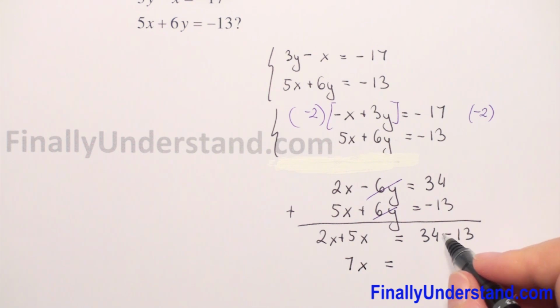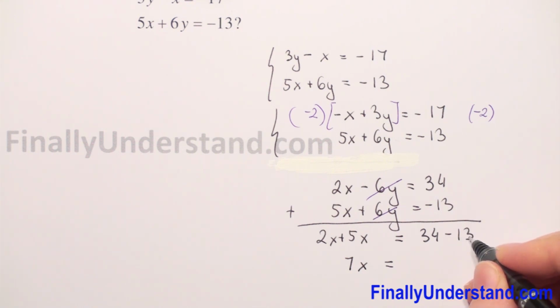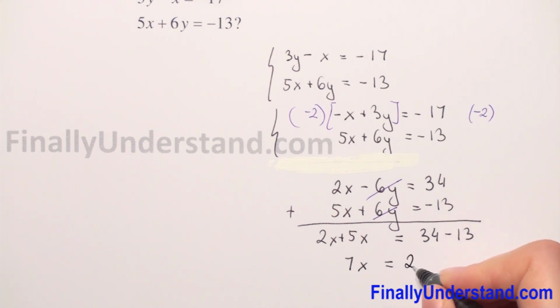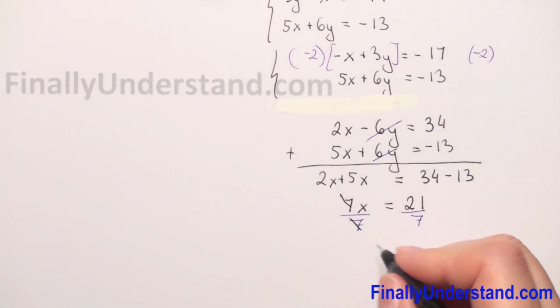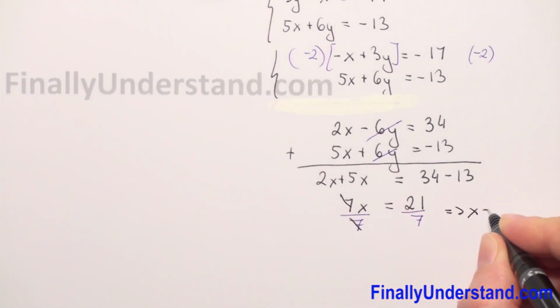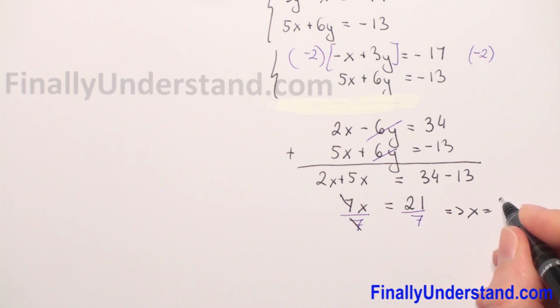This is equal to 34 minus 13. So this is 21. Now I will divide both sides by 7. So 7 and 7 we can reduce, and we have that x is equal to 21 divided by 7, which is 3.